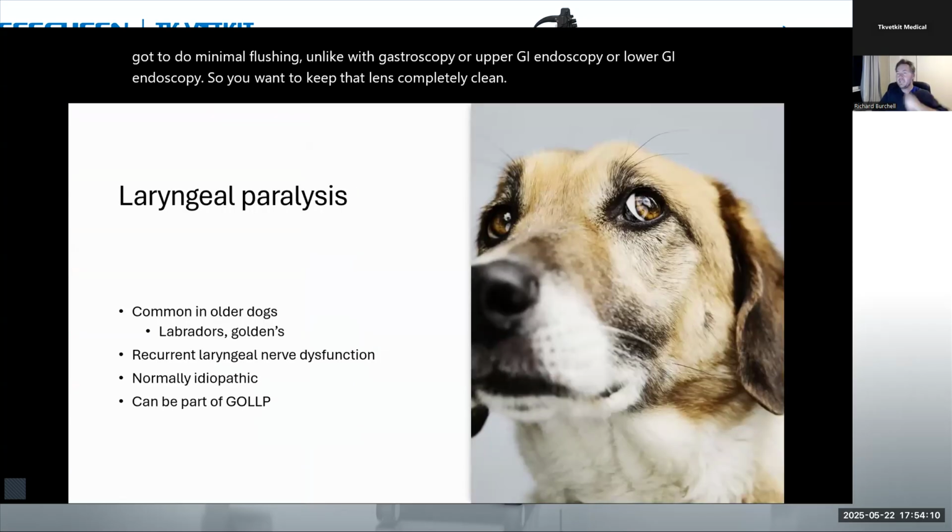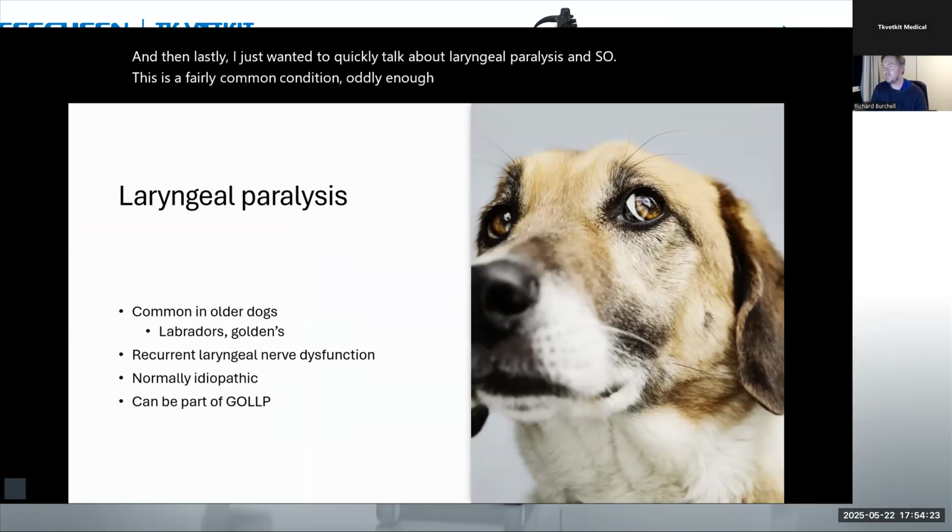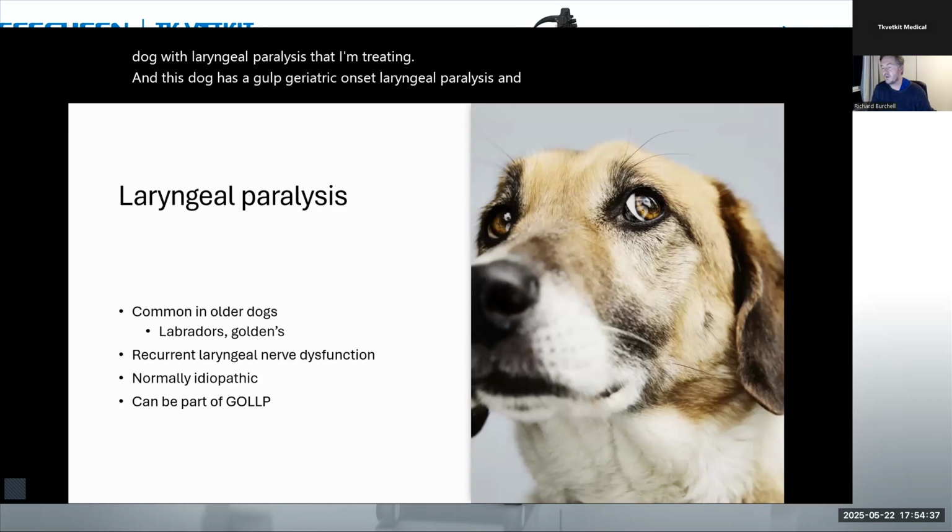And then lastly, I just wanted to quickly talk about laryngeal paralysis. This is a fairly common condition. Oddly enough, my last case today before I left work was a dog with laryngeal paralysis that I'm treating. This dog has GOLP, geriatric onset laryngeal paralysis and peripheral neuropathy.